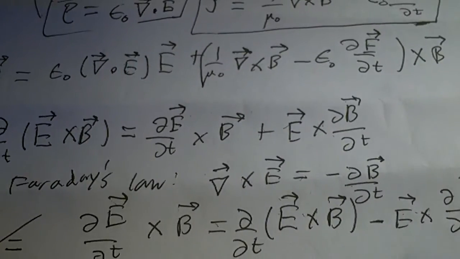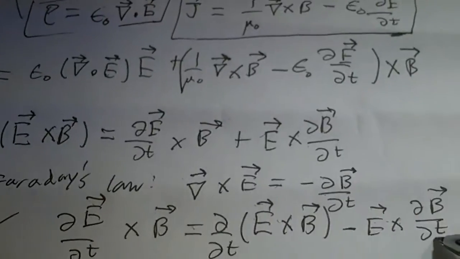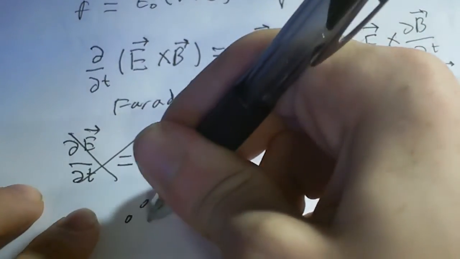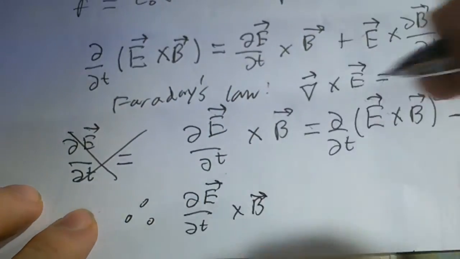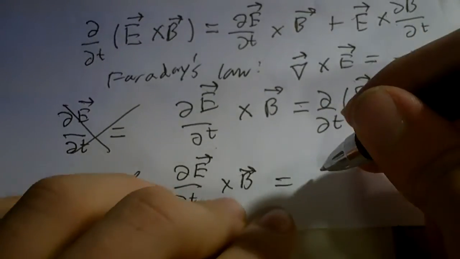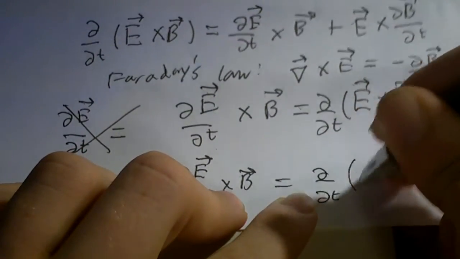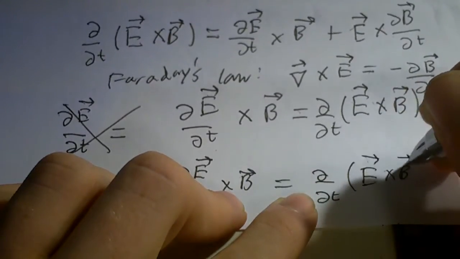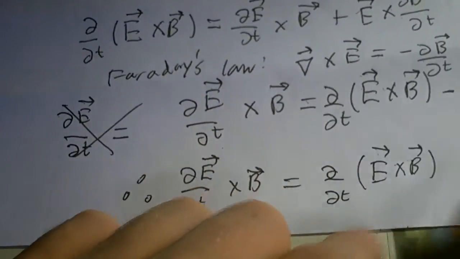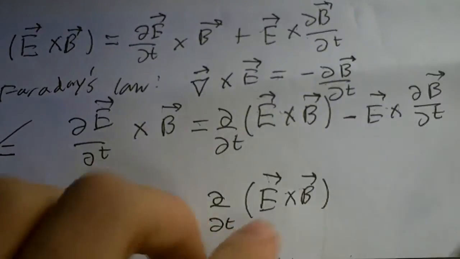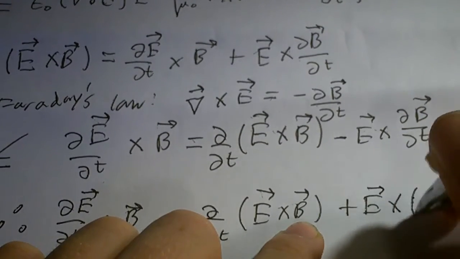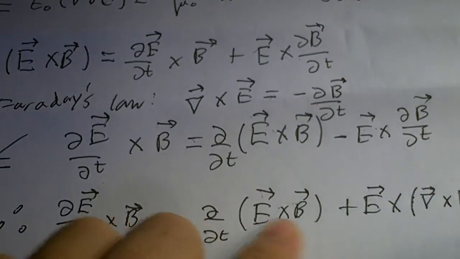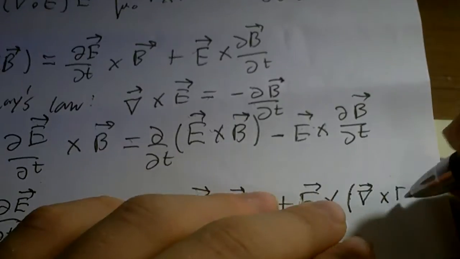So now, by applying Faraday's law, dB by dt is substituted with minus the curl of E. Therefore, dE dt cross B is equal to d by dt of E cross B, minus times minus gives you a plus, and we get plus E cross the curl of E.